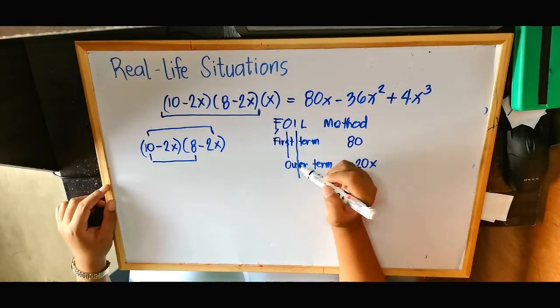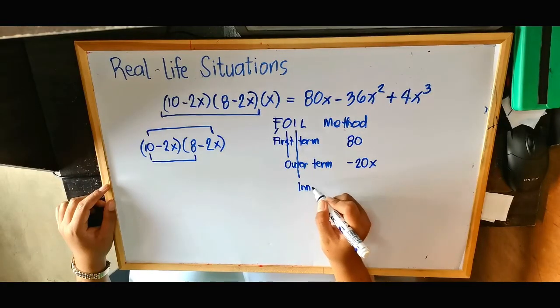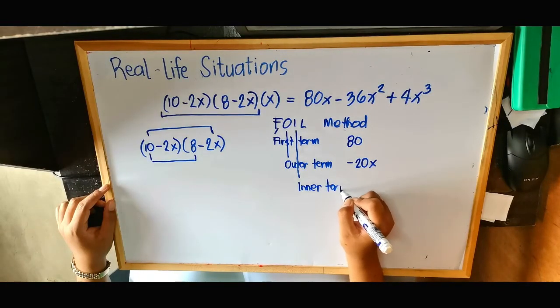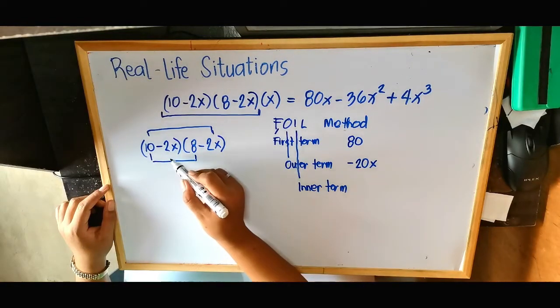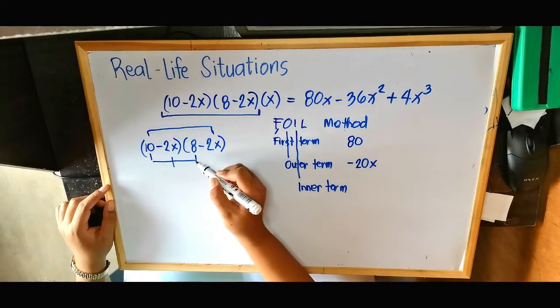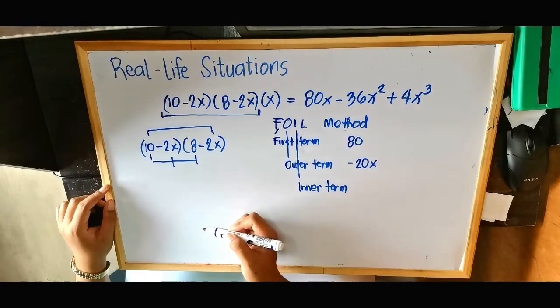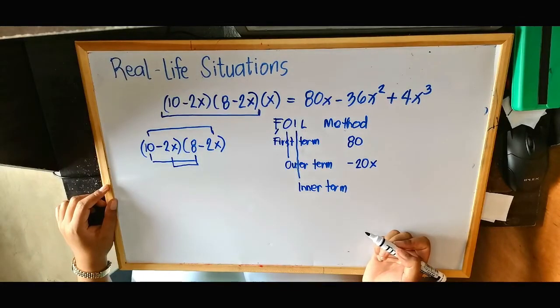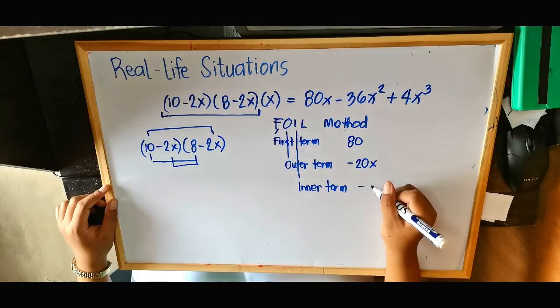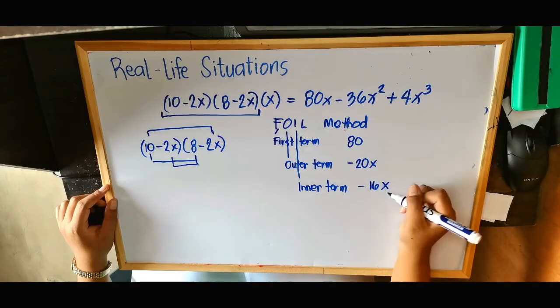Next is the inner terms. So, who are the inner terms? What is on the inside? We have negative 2x and positive 8. So, we multiply them. Negative 2x multiplied by 8, we have negative 16x.